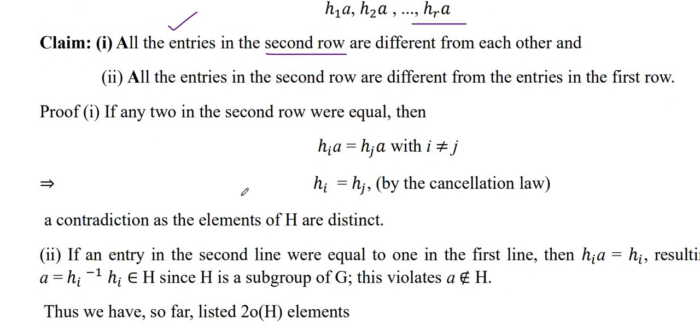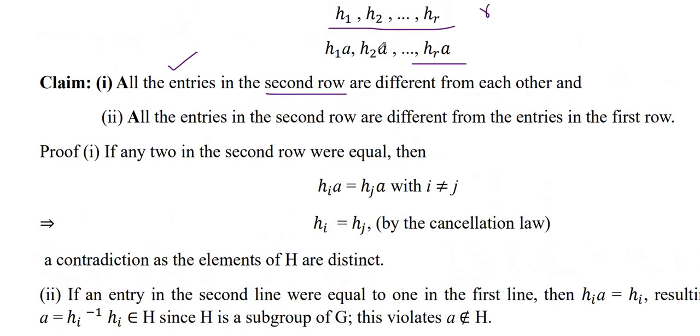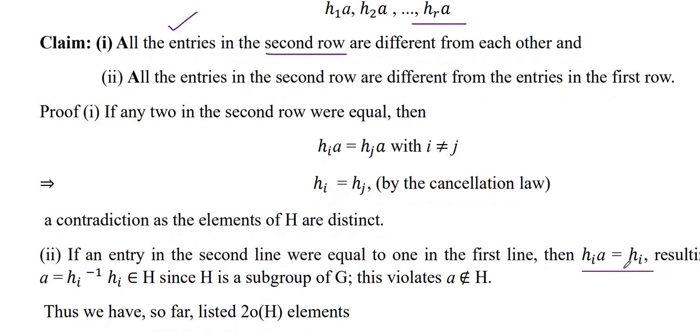That claim holds. Then suppose we have an entry in the second line equal to one of the first line. That is, second line elements are like this, so H_iA, and first line elements are like this, so you have taken H_iA equal to H_i. Or even you can have H_iA to be, say, some H_j or H_l, something like this.